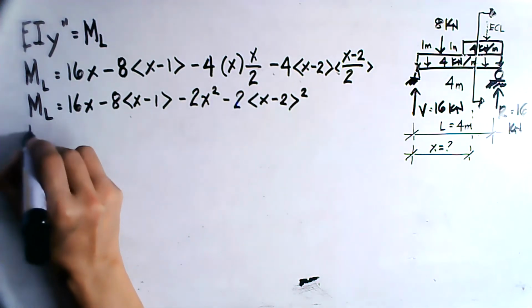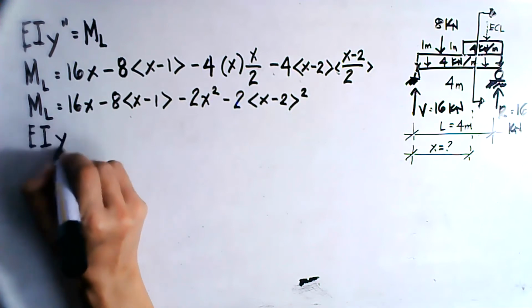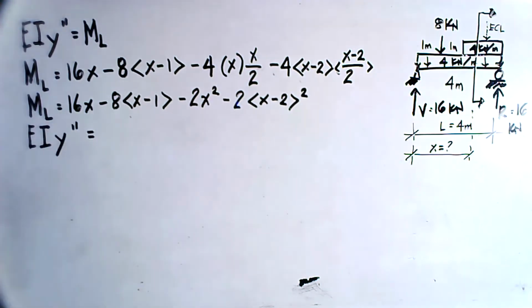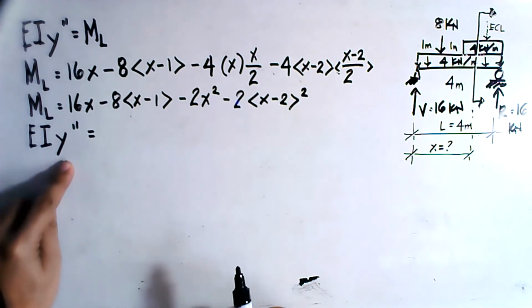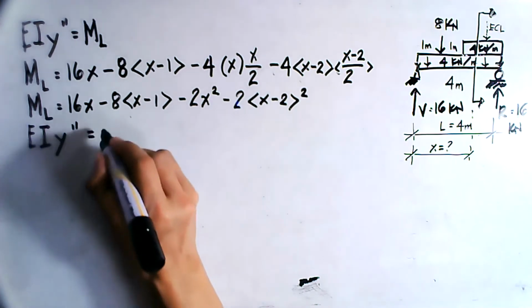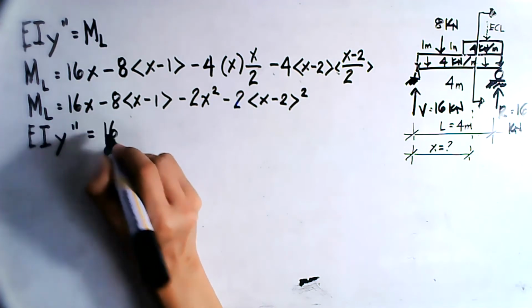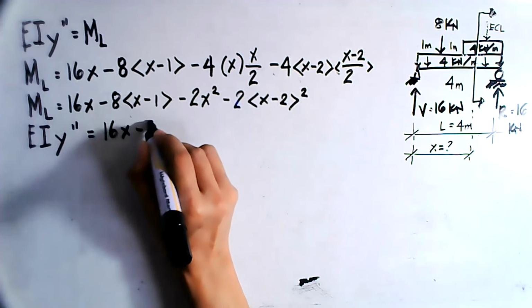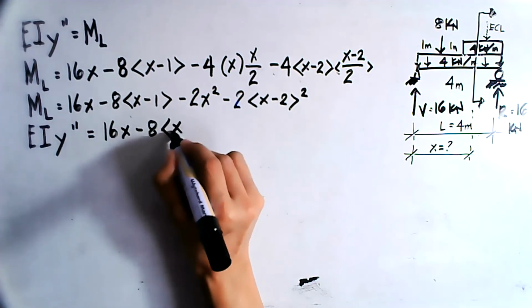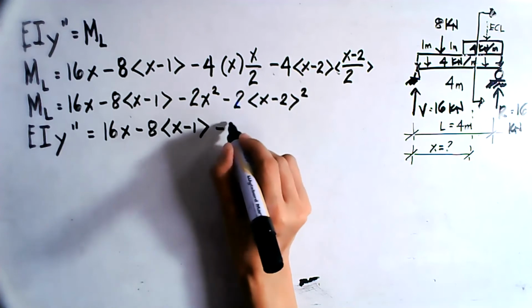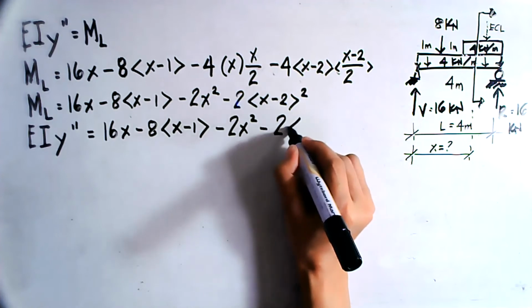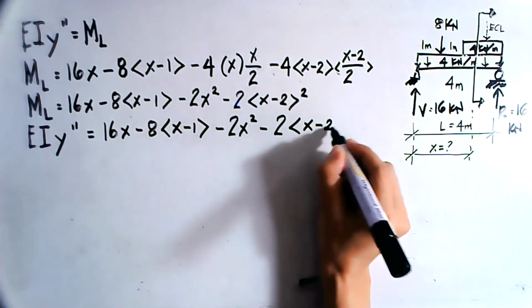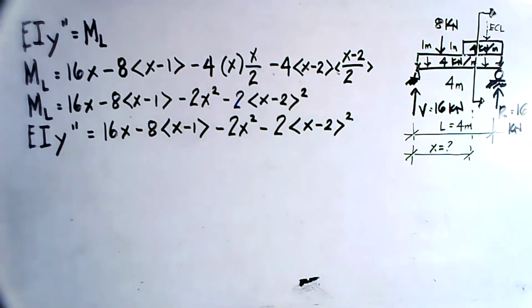We are going to equate it to EI y double prime. Again, E is the modulus of elasticity, I is the moment of inertia, and y is the deflection. So we are going to equate it with 16x minus 8 times x minus 1 minus 2x squared minus 2 times the quantity x minus 2 squared.